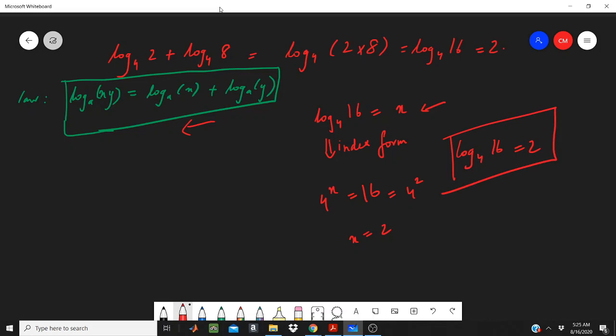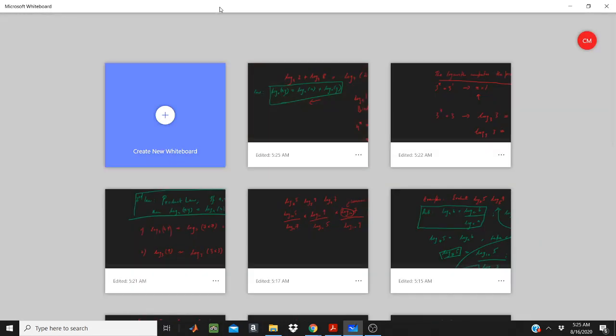So we used this law in reverse and we saw that the answer is 2. Now just remember that the answer was 2. I could ask you another question just from this. The question was log base 4 of 2 plus log base 4 of 8, and we know that it's 2.